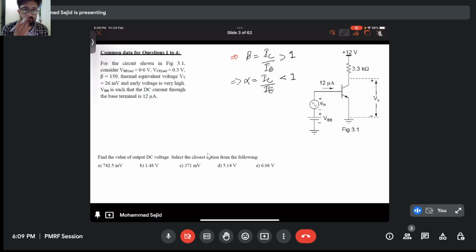for the circuit shown in this figure, VB is given, VC SAT is given, beta is given to us. Thermal equivalent voltage, as you know, is KT by Q. This is 26 millivolt at room temperature.